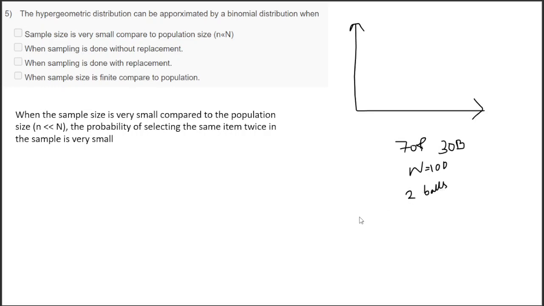So now consider what is the probability of getting two red balls with replacement or without replacement. Probability of getting two red balls is, like, first time when we do it, it is 70 by 100 into 70 by 100 with replacement.